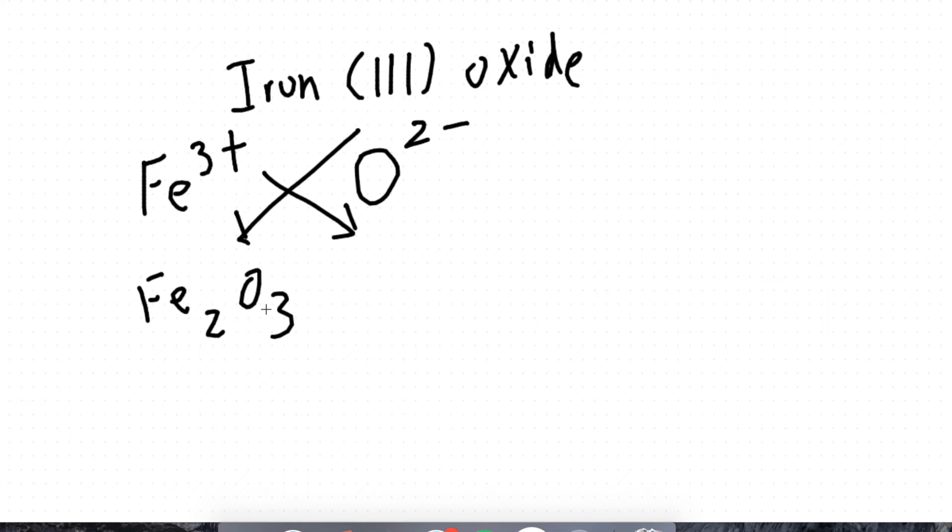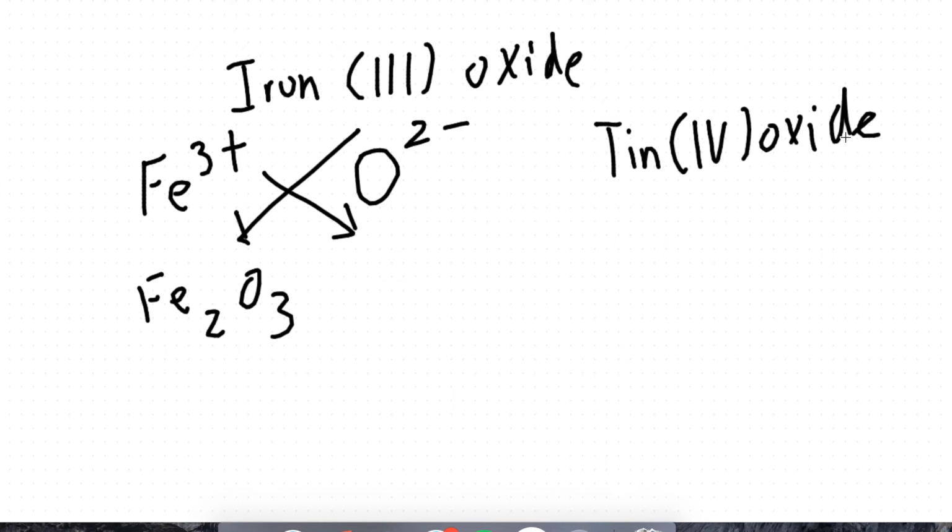Let's do another one. Tin(IV) oxide. The chemical symbol for tin is Sn, and 4 meaning, because tin is a metal, so it's 4+.